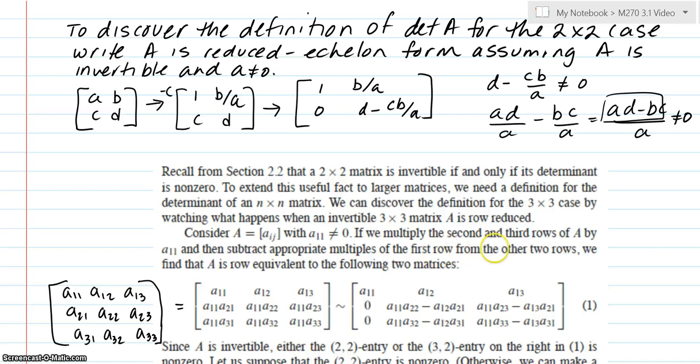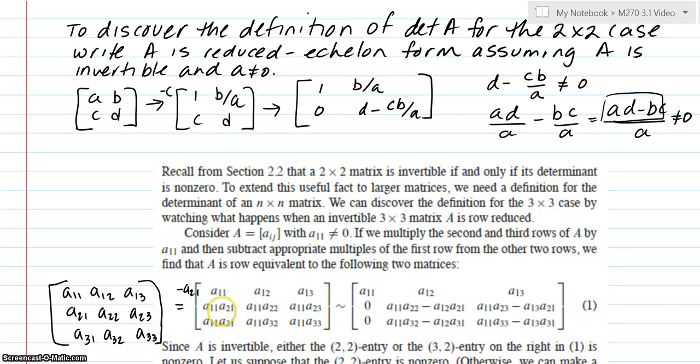If we multiply the second and third rows by A11, as they did here, it's a little easier to get the zeros. Here you can multiply this by negative A21, for instance, and add it to that without dividing and getting fractions like I did on the 2 by 2.